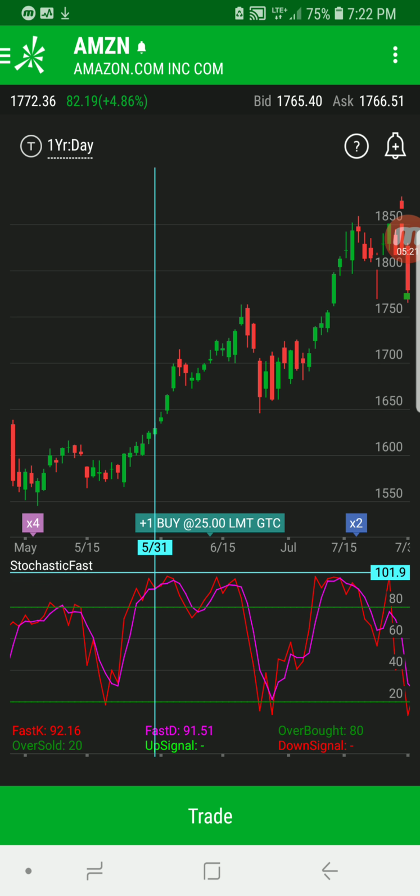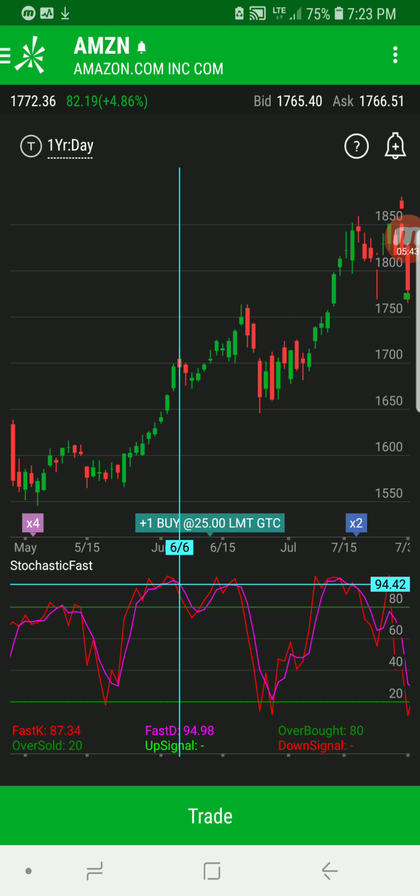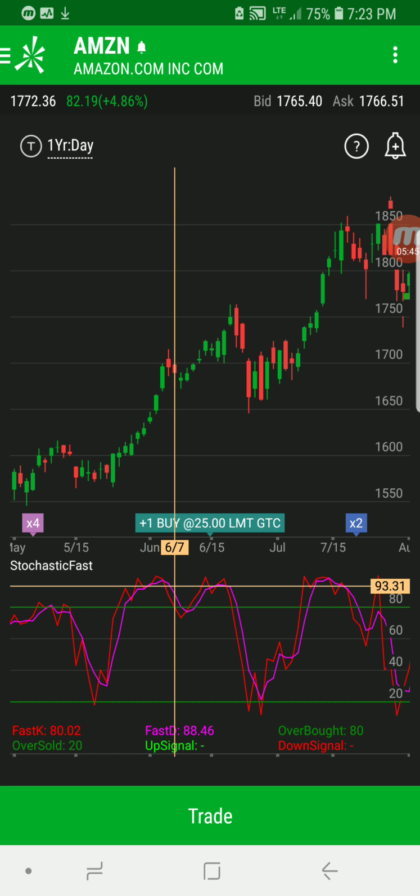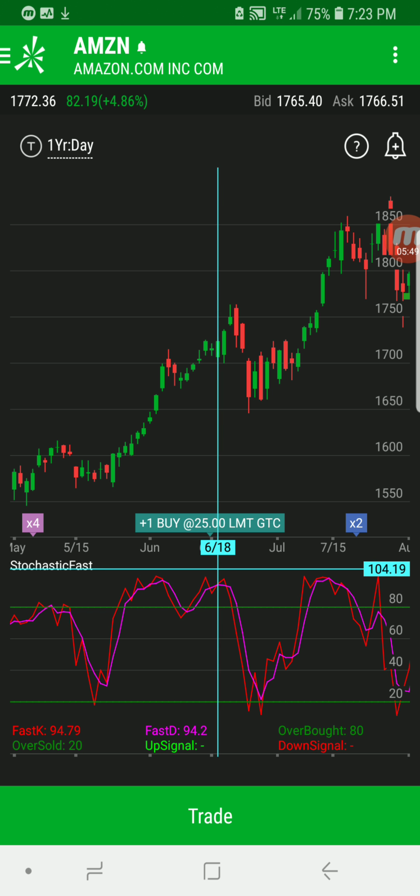It's way overbought. So you know it's most likely going to tick down a bit. But Amazon was so bullish that even when it ticked down, it ticked back up again.